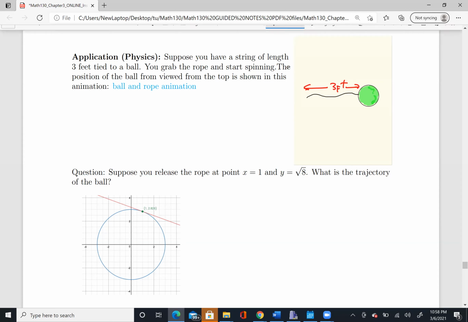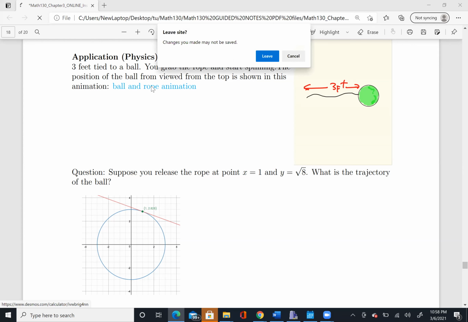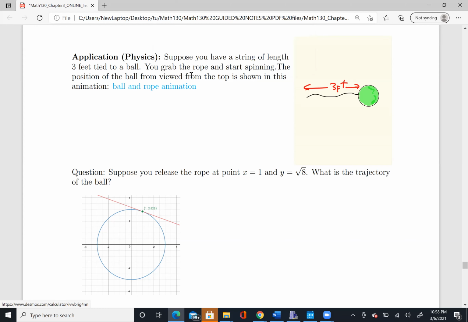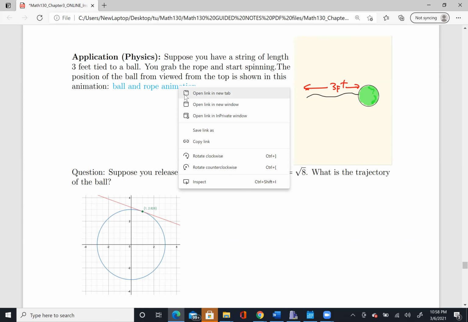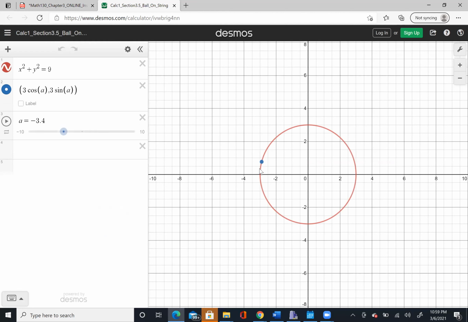Take a look at the animation. Let me open a new window. So it spins like this. Okay, cool. So it's like a circle, right?